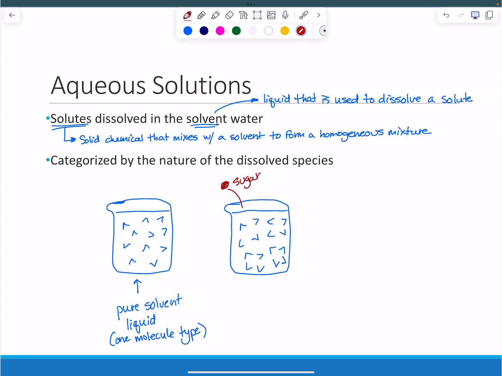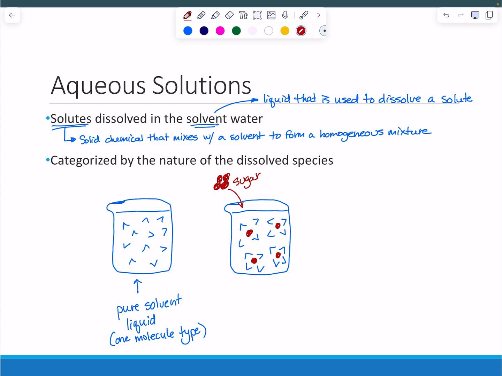And when I put that in, if something dissolves, what it means is that the molecules in my solid, let's say I take solid sugar, are going to separate from one another and become completely surrounded by what we call hydration shells in the solvent.